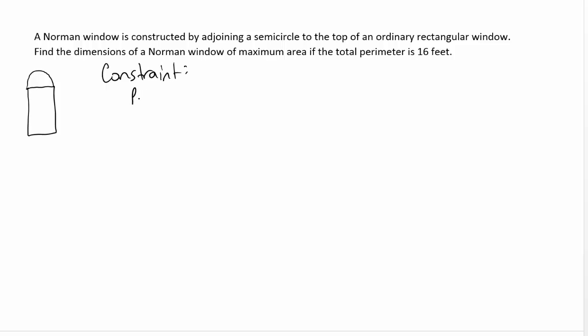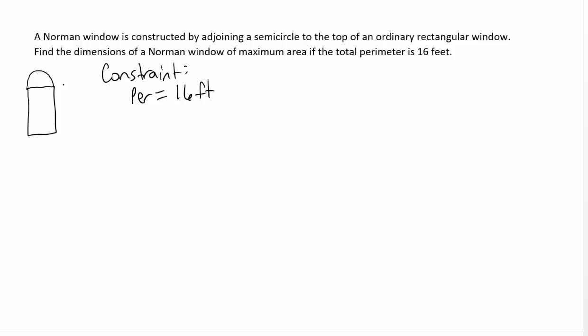So our constraint is the fact that the perimeter needs to equal 16 feet. So in order to come up with an equation for that, we're going to need some variables over here. And we know we are talking about a semicircle, so think about what it would mean to be the perimeter of a semicircle. Well, we have a fancy name for that.